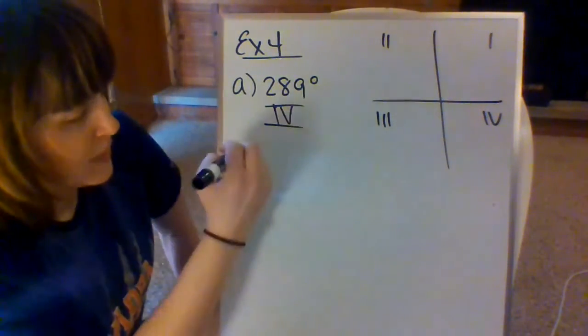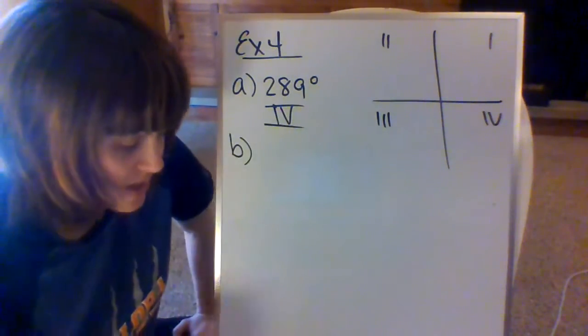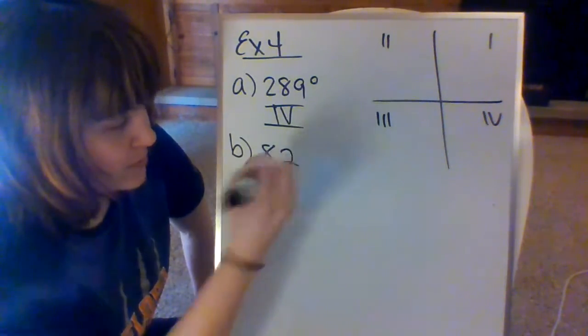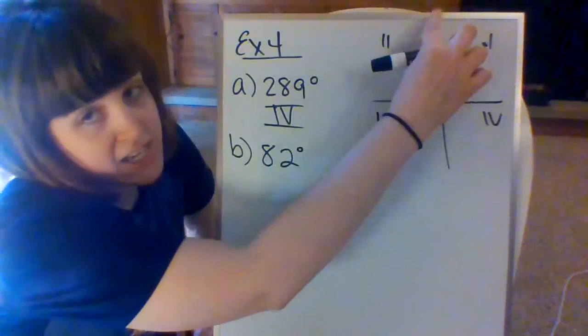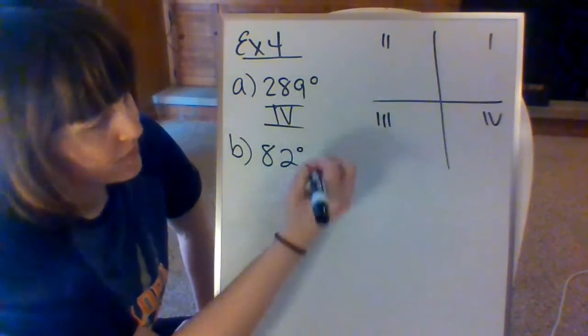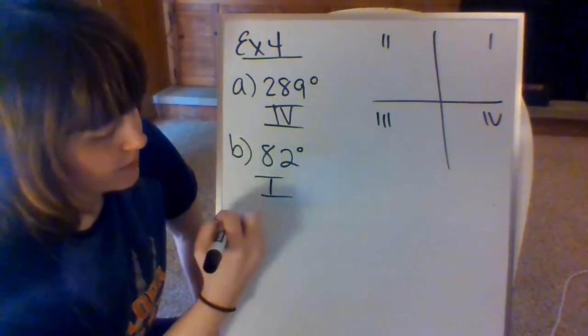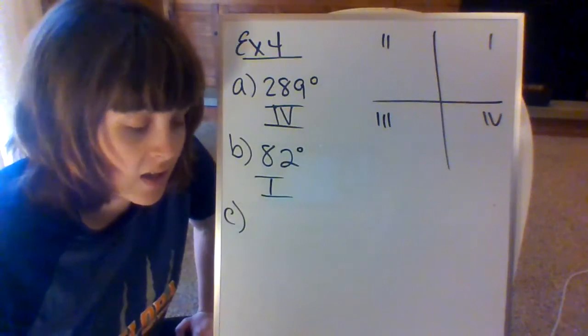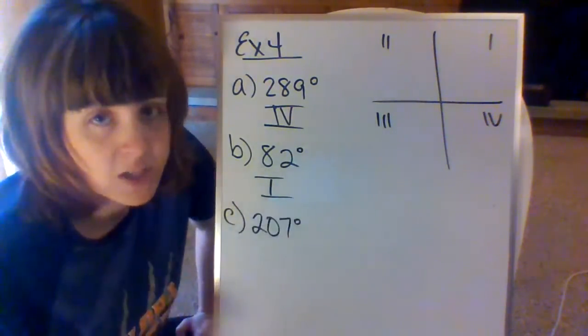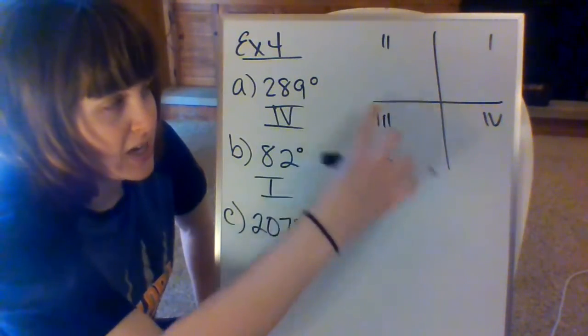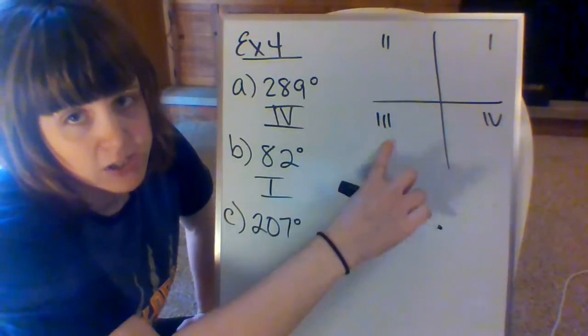Okay. Part B says 82 degrees. So 82 is between 0 and 90, so it's going to be in quadrant 1. Okay, 207. 207 is between 180 and 270, so it's going to be in quadrant 3.